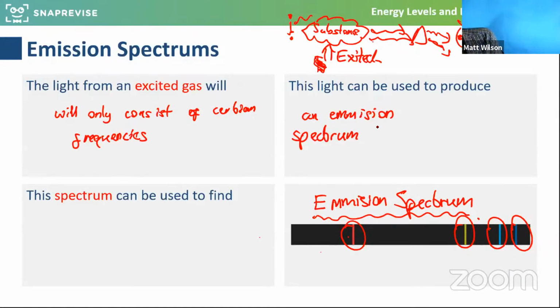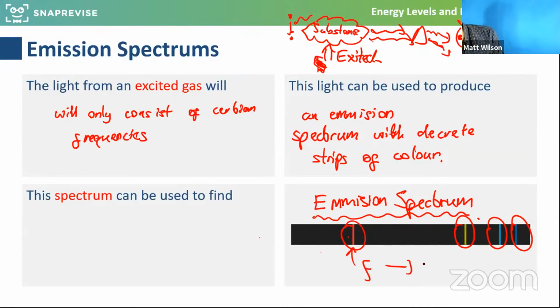With discrete, and by discrete we just mean small parts, just little chunks with discrete strips of color. And with these colors that we see, we know each color is some frequency, and from the frequency we can figure out the energy gap, because the energy gap is given by h times the frequency.